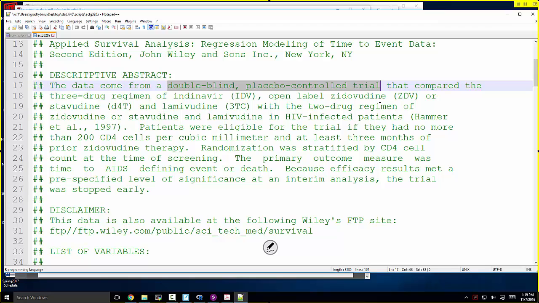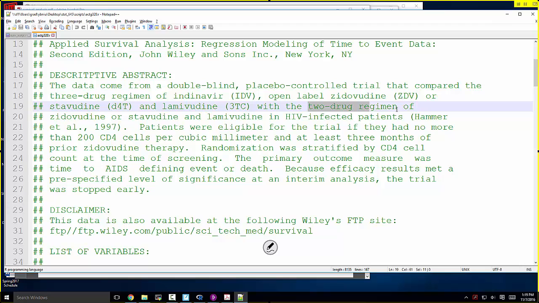How's a clinical trial different from an observational study? What's a meta-analysis? That type of thing. I do think that's relevant to biostatistics, knowing what types of studies are out there and how the different types can be interpreted, what they can and can't tell you. This was a double-blind, placebo-controlled trial that compared a 3-drug cocktail with a 2-drug cocktail.